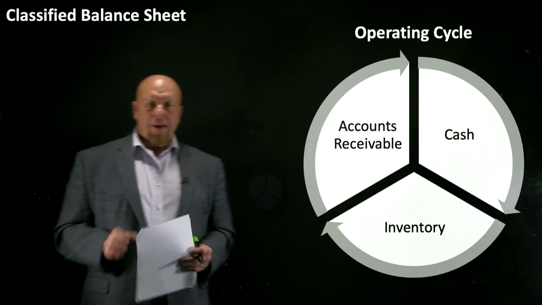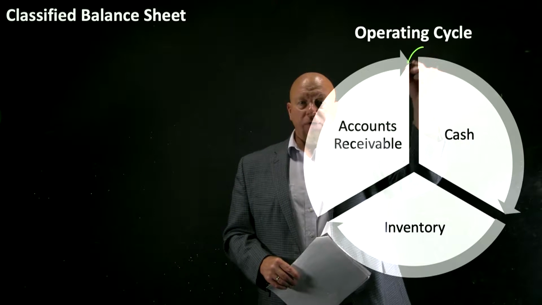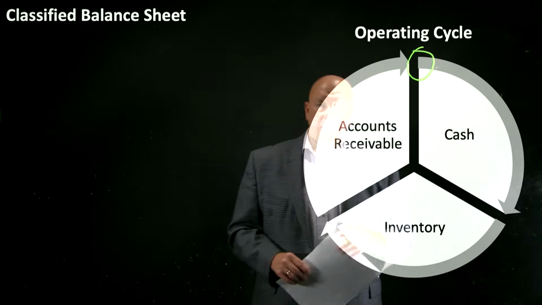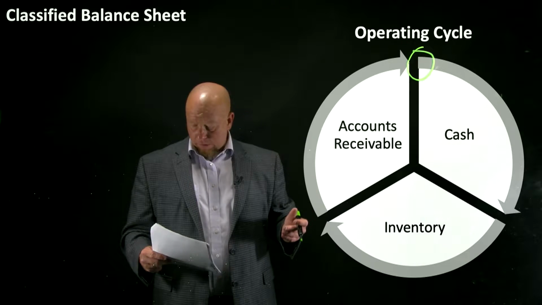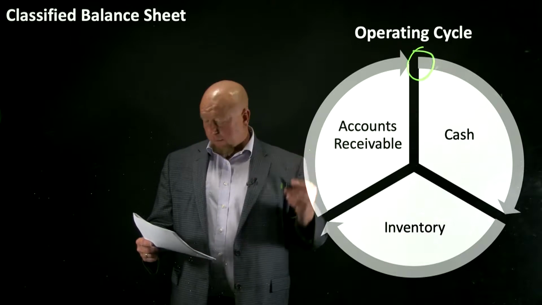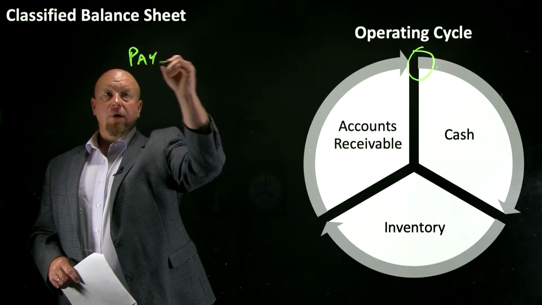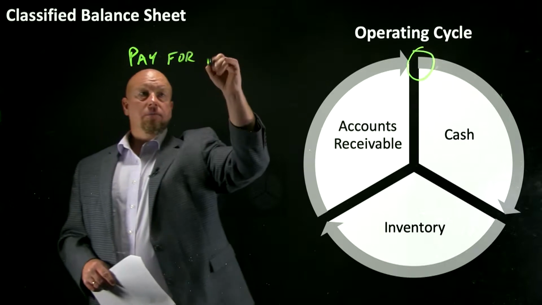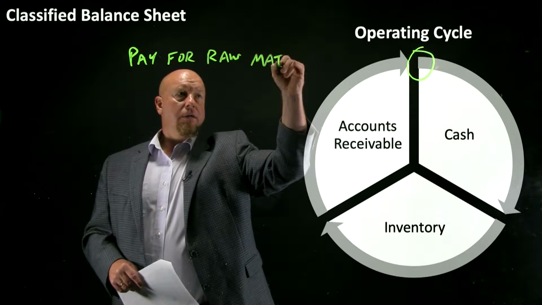Let's explain what an operating cycle is. The operating cycle starts whenever you spend cash to start whatever it is you're in business to do. Let's think about maybe a manufacturing company. So when a manufacturing company starts to spend cash, they might have to initially pay for raw materials. Okay, so components.